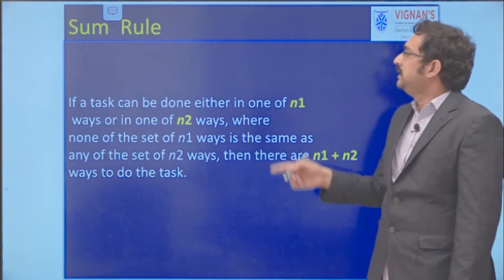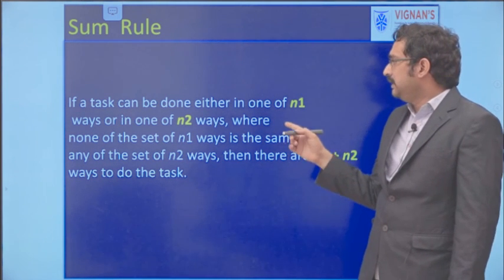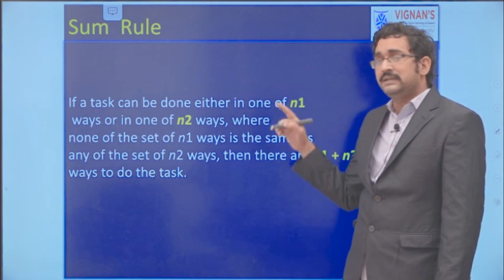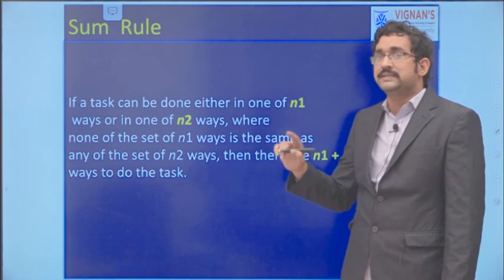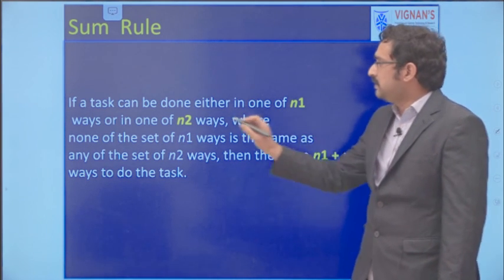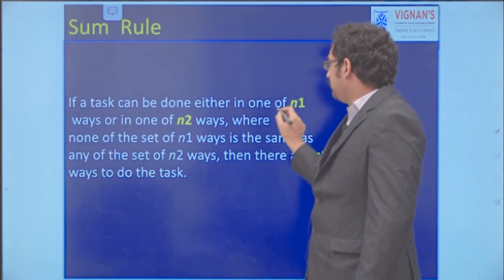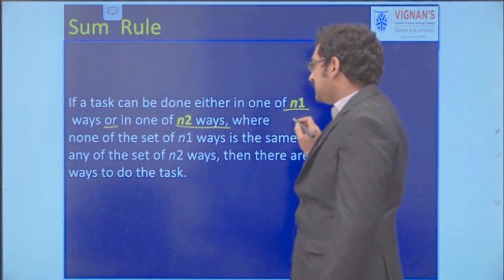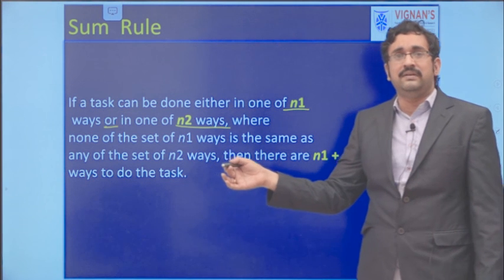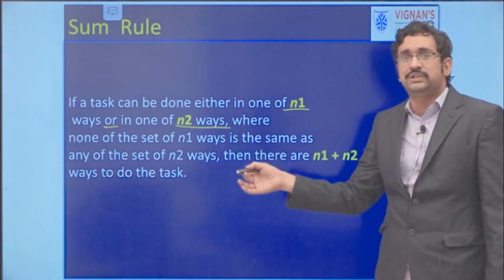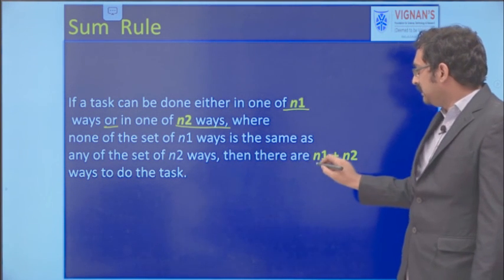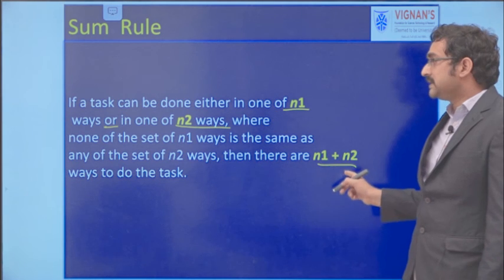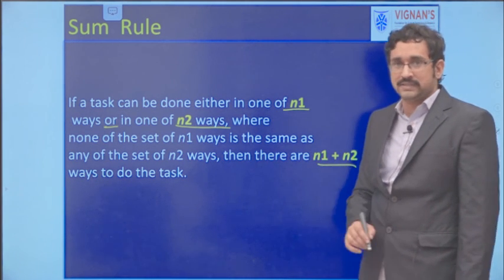In terms of the sum rule, a task can be done in either the first way or the second way but not both. So if a task can be done either in one of n1 ways or in one of n2 ways, where the n1 options don't match the n2 options, then there will be n1 plus n2 ways to do the task.